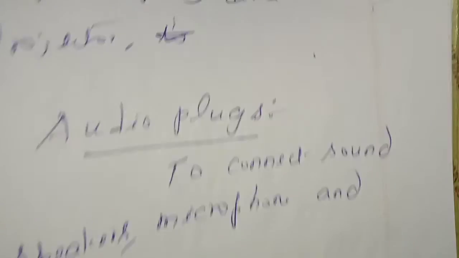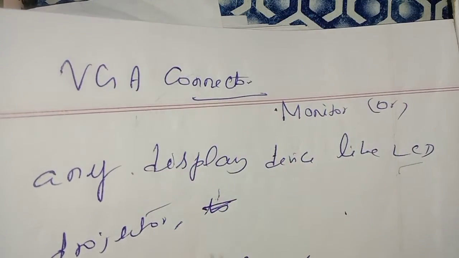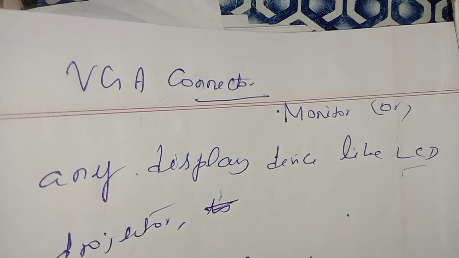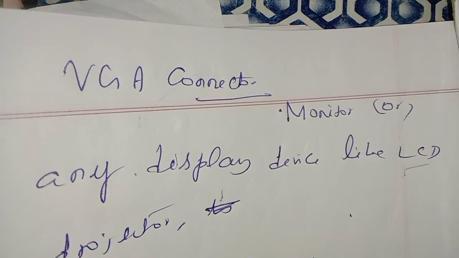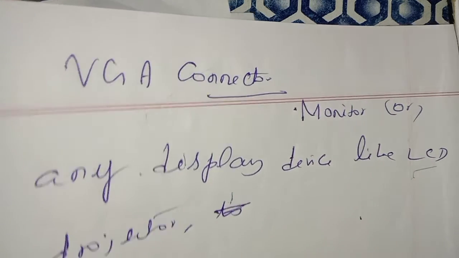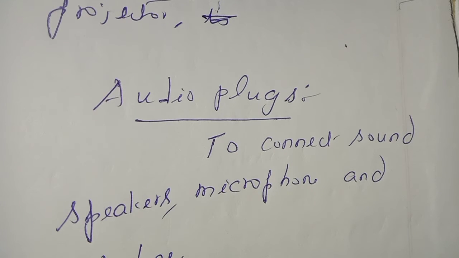Again, VGA means display connector. Audio means audio microphone, audio speaker, everything. PS2 port, SCSI. Sir, what is audio? We are typing on the computer, so where does audio come in? That is the concept of multimedia. Multi means many, media is communication.